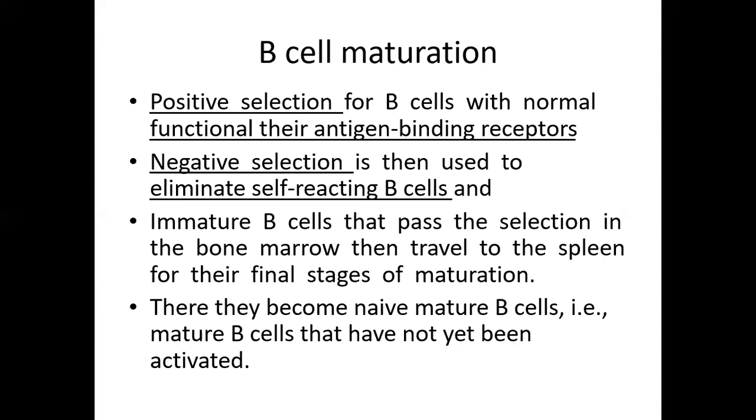Positive selection is for B cells with normal function, the antigen binding receptor, and negative selection is then used to eliminate self-reacting B cells. Immature B cells that pass the selection in the bone marrow travel to the spleen for their final stage of maturation. There they become mature B cells, mature B cells that have not yet been activated.